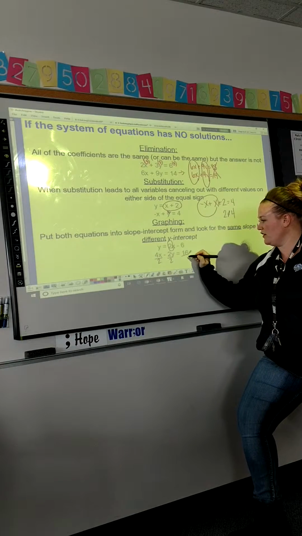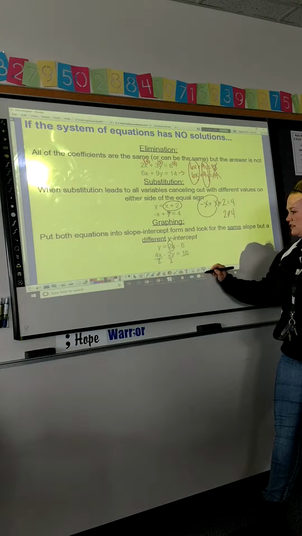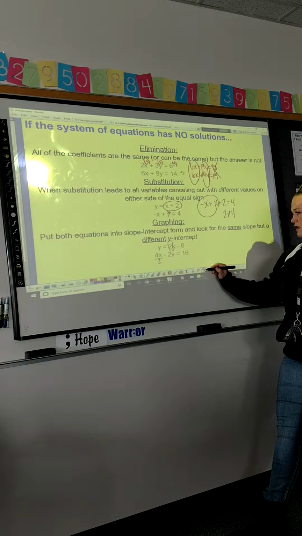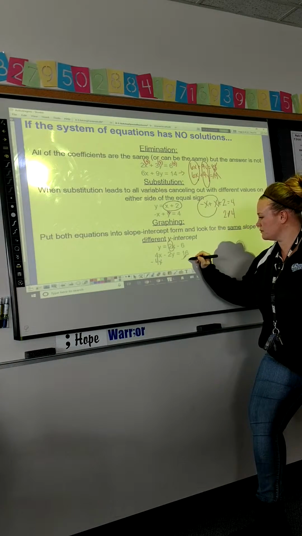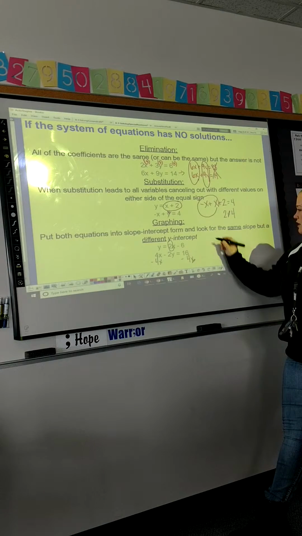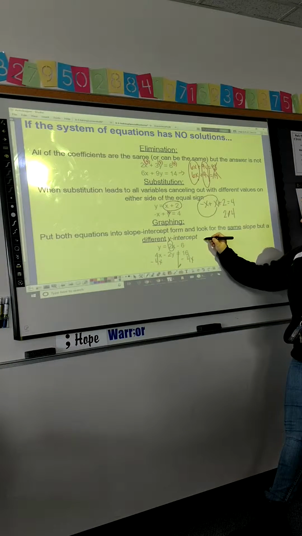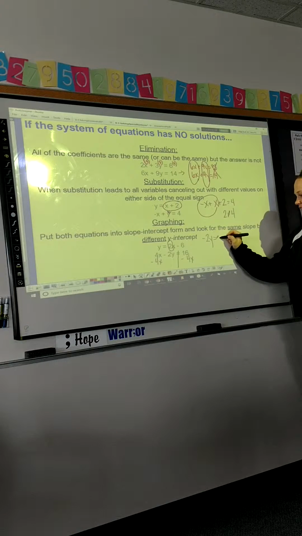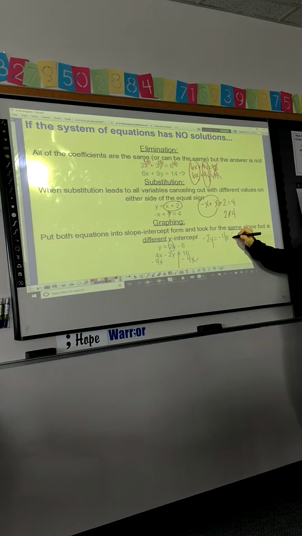Let's be careful with that actually, because I'm not going to do that yet. Let's solve for y first. We'll move the x first. So what's on the left side? Negative 2y is equal to negative 4x plus 16.